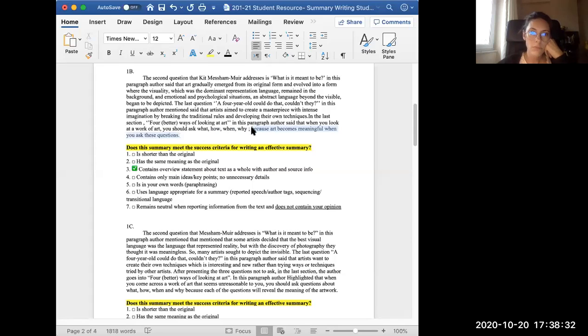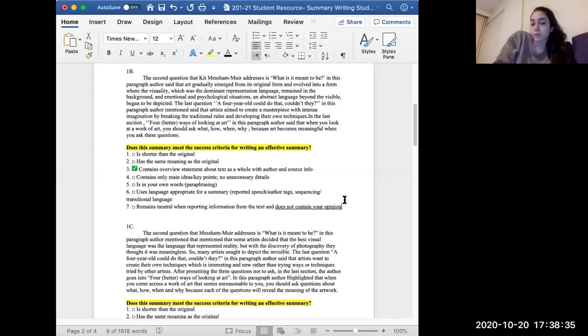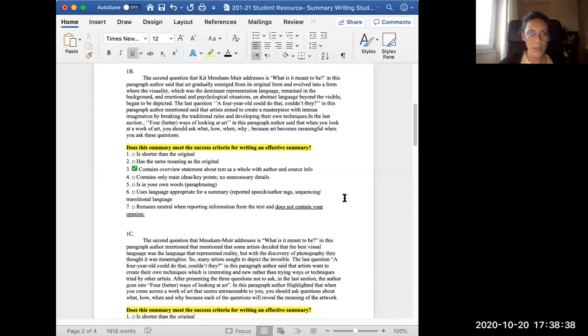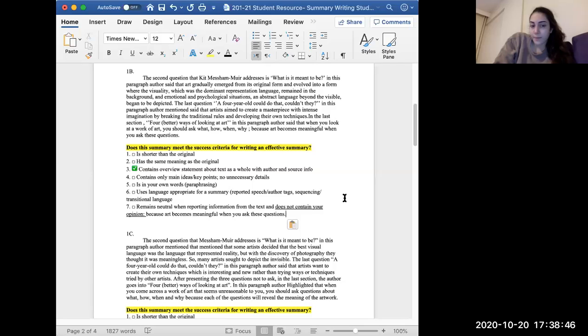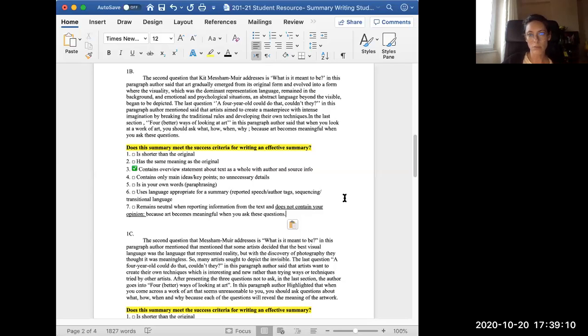So okay, that's all. How could we make that sentence more neutral? Like in this sentence or generally? General. Let's keep it in context of this summary. So there's something really small that we can do to keep this sentence neutral.